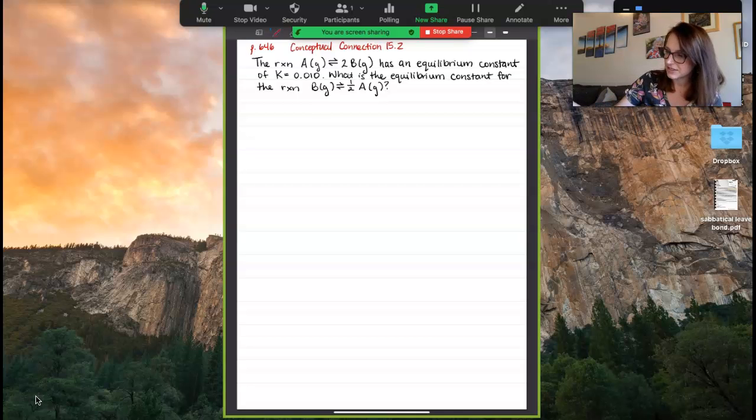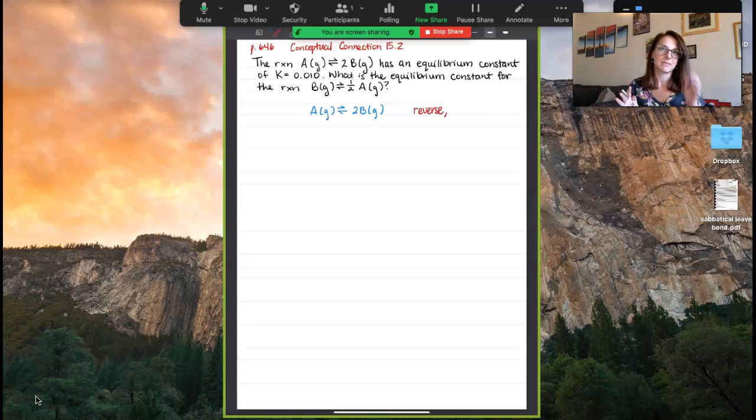So it looks like when I have the original reaction that was given to me, the one that we have the literature equilibrium constant for, I need to reverse it in order to look like the new reaction that I want to study in the laboratory. So my first observation is I would need to reverse it.